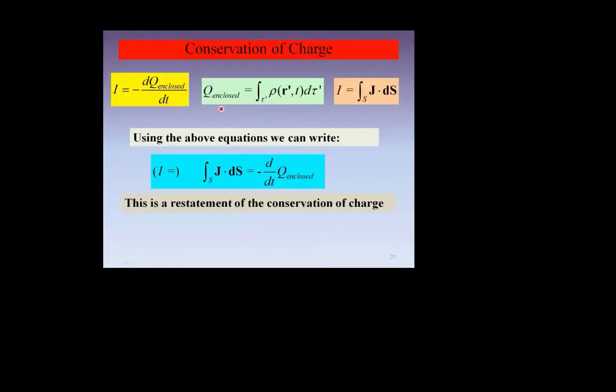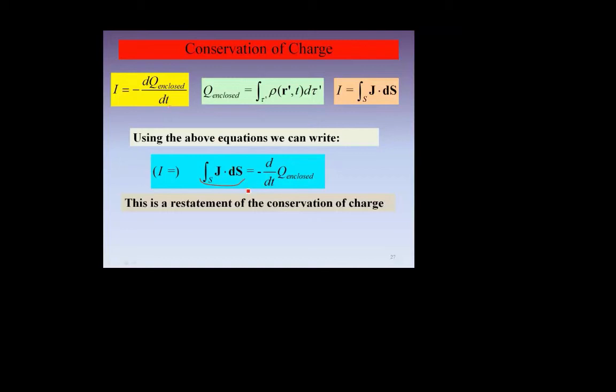Just summarizing then, we have the current and the charge enclosed, and the current as a function of the current density. Using these equations, we can write down that I is equal to this quantity here, that's this equation here, and then minus d/dt of the Q enclosed, which is this equation here.